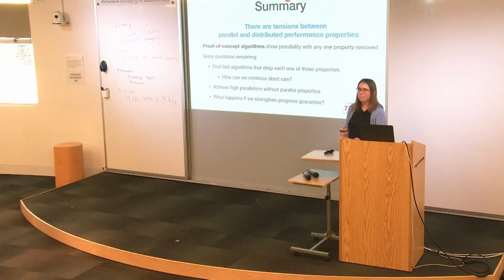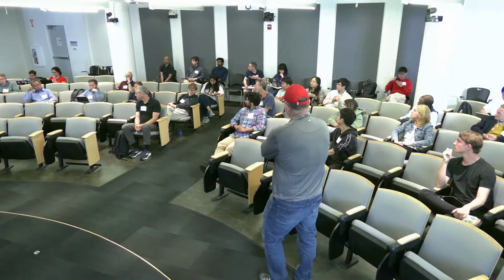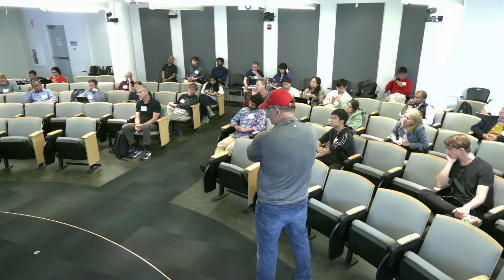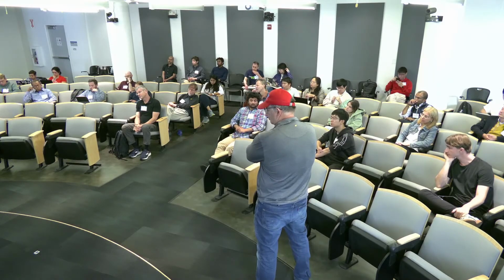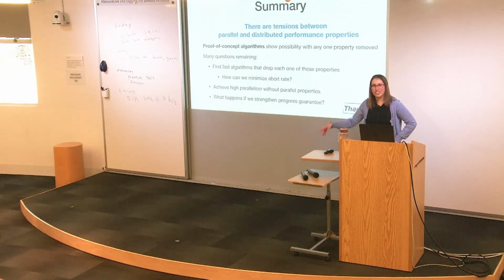Do you know what people do in practice? Are there examples of distributed parallel transaction processing systems out there, and what do they sacrifice? Yeah, that's a good question. There is a transactional system that sacrifices invisible reads, and I know because Adriana, who is a co-author on this paper, was also a co-author on that paper.